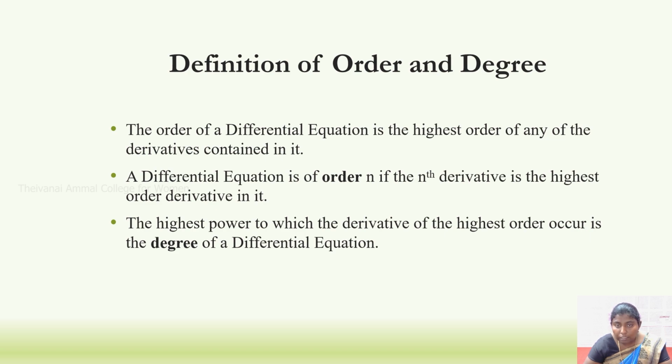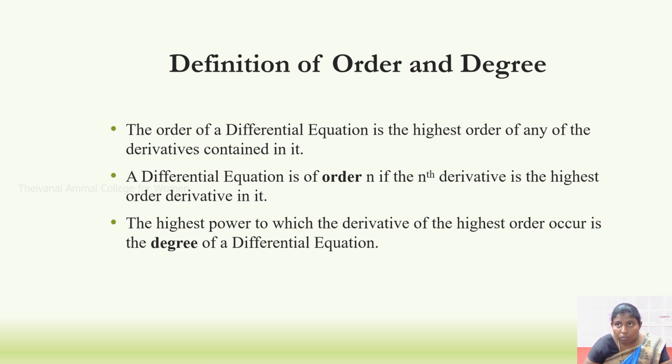For example, dy by dx is first order, d square y divided by dx square is second order, and d power 3 y divided by dx cube is a third order differential equation. Another one is degree: the highest power to which the derivative of the highest order occurs is the degree of a differential equation. So the power of the highest derivative is the degree.